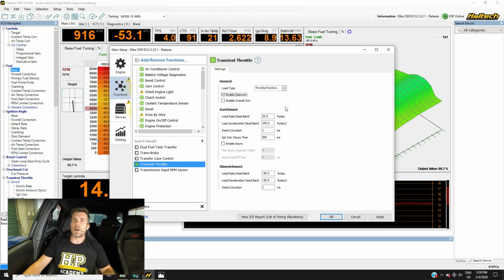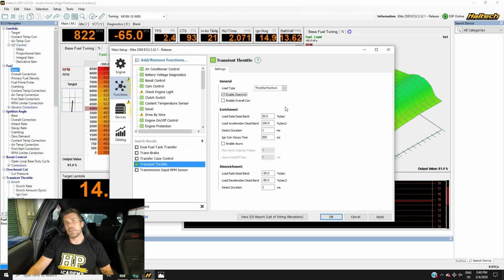Now, this is quite important. It's actually something that's tripped me up, not with the Elite, but with a couple of other ECUs, where essentially this deadband was a little too small, a little too sensitive, and particularly with some older engines, we may find that as the throttle position sensors age, they can be prone to a slightly erratic signal.